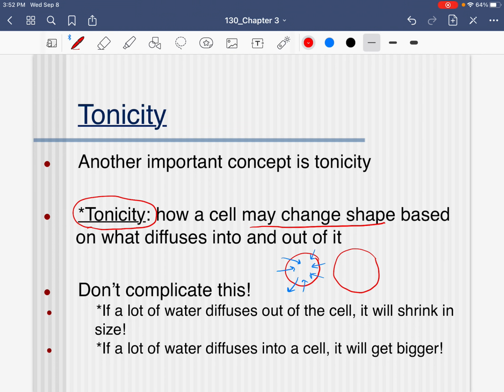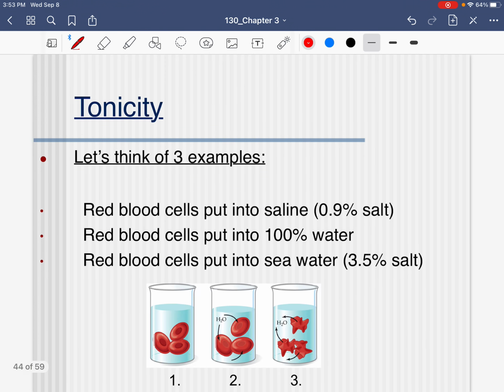So how much we diffuse into and out of the cell, of course, can lead to the cell getting bigger or smaller. That's all we're saying. Okay? That's all this concept is saying. Because of what's diffusing into and out of the cell, it's possible that sometimes the cell may get bigger or smaller. That principle, ladies and gentlemen, is tonicity.